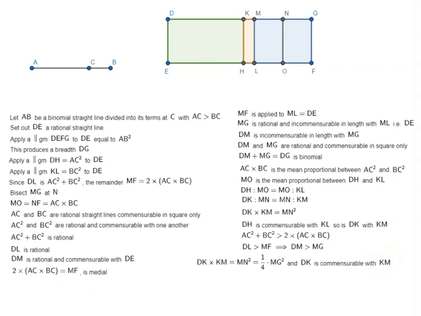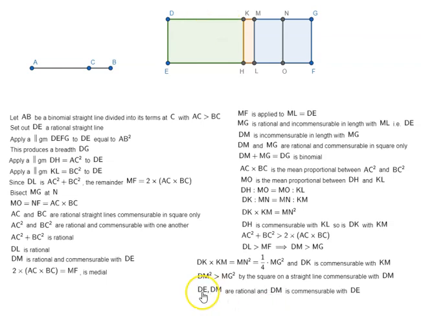So again, based on a proposition which we have seen, we can say DM square is greater than MG square by the square on a straight line commensurable with DM. That is a greater. So we have DM is rational.